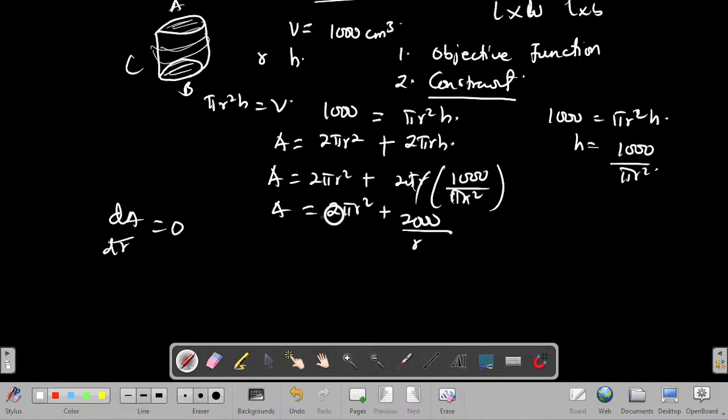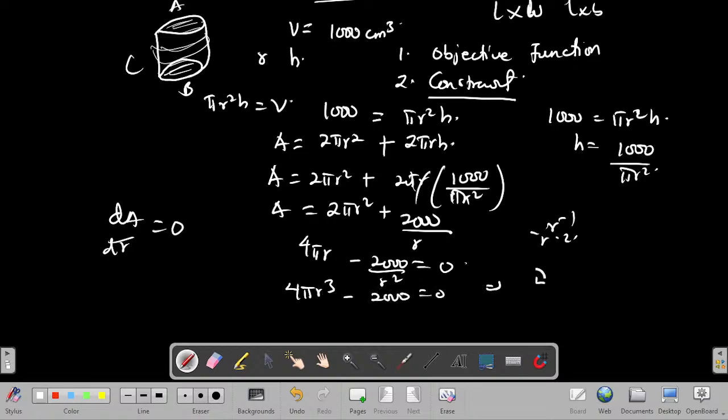So here when you differentiate, I get 4 pi r, and this r is the polar negative. So I have negative r minus 1000 over r squared. There, multiply through by r squared, we get 4 pi r cubed minus 2000 equal to 0. 4 pi r cubed equal to 2000.